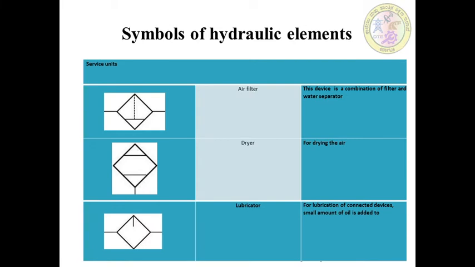Then the service unit symbols can be represented like this. We have the symbol, a square placed in a diagonal position with a dotted line, known as the air filter. This is a combination of filter as well as water separator.